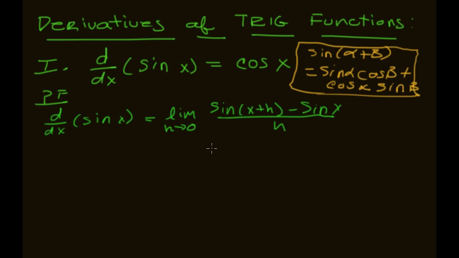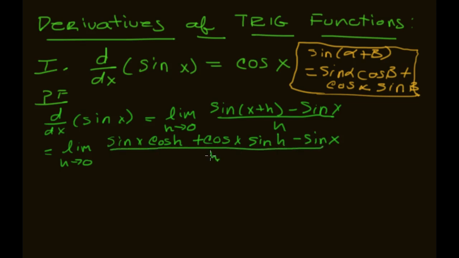If I apply this trig identity, I get that this is equal to the limit as h approaches 0 of sine x cosine h plus cosine x sine h minus sine x, all over h.